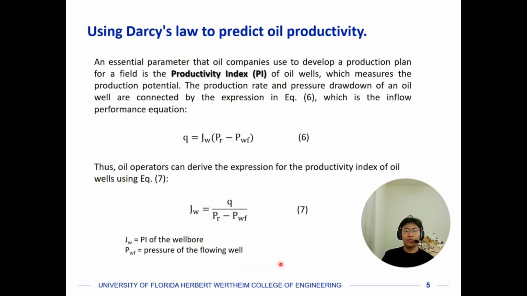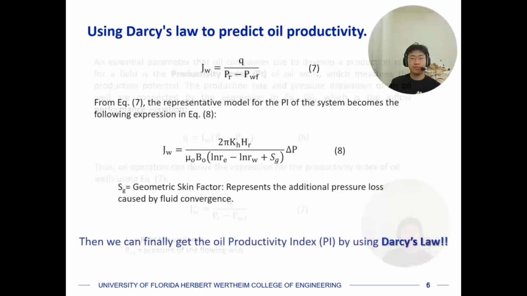And now, from equation 5, we get Q. And from the same equation, we get delta P. And here, we can calculate the PI, or in other words, J_w. And then we substitute the Q and P_r minus P_wf into equation 7.